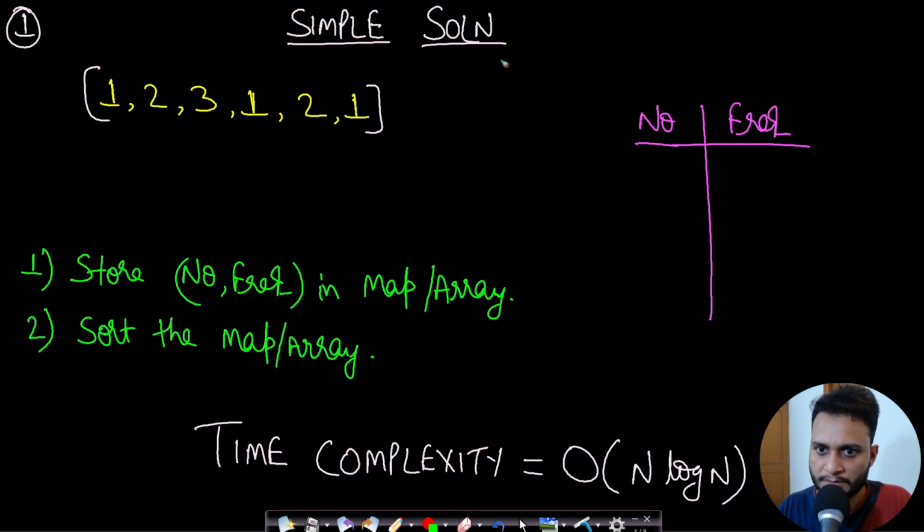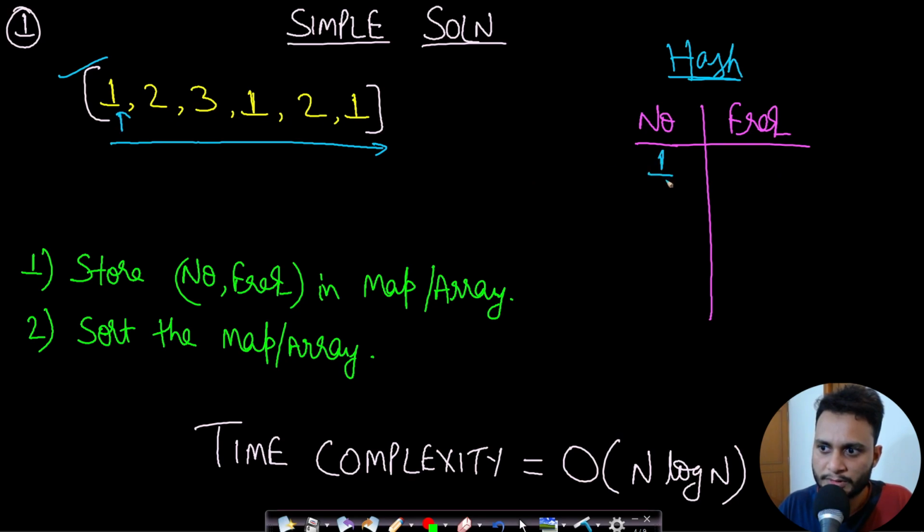If we consider a simple solution, how do we solve it? If we apply brute force, we will take this array, traverse from left to right, and use a hash map. You must know that a hash map can be used to store the frequency of each unique element. When we are at 1, we will store this 1. By default its frequency is 0 initially, so we will increment it to 1.